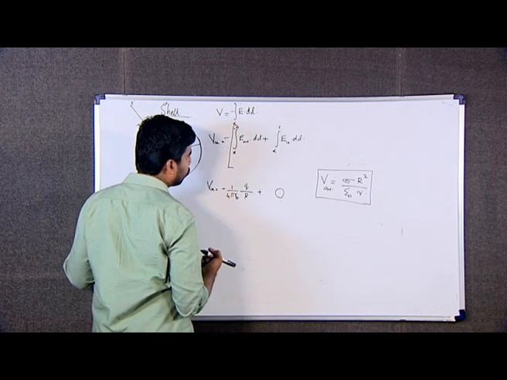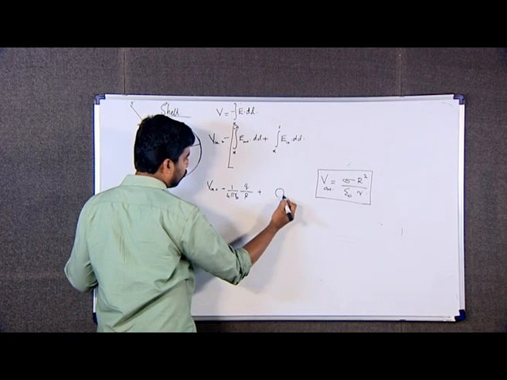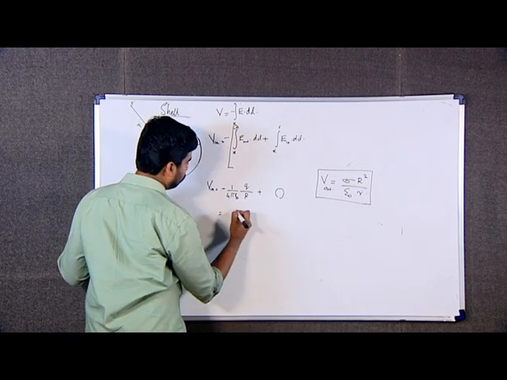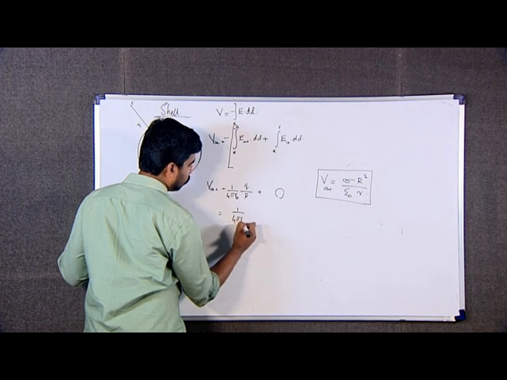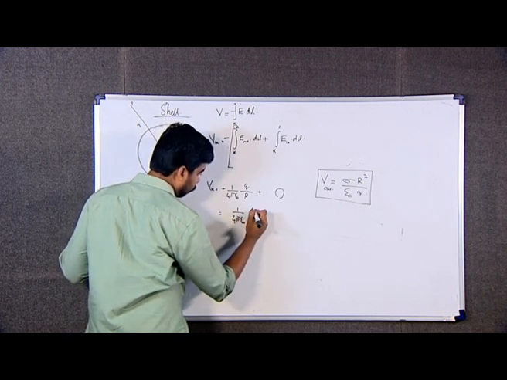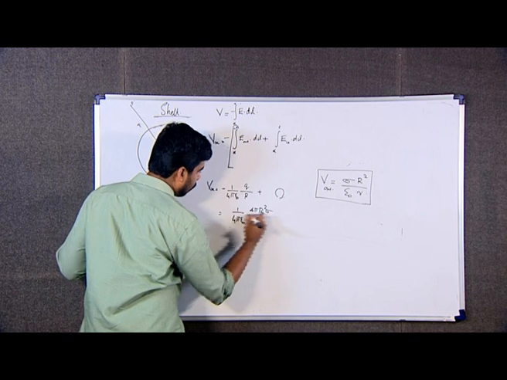According to Gauss's law, we have proved that inside the shell the electric field is equal to 0. So only the first term will survive, which is equal to 1 by 4 pi epsilon 0 into 4 pi r square sigma by r.